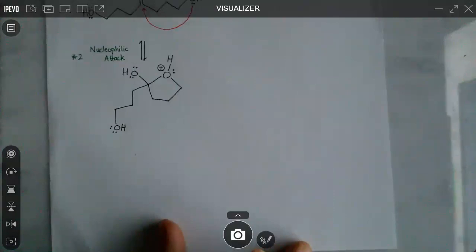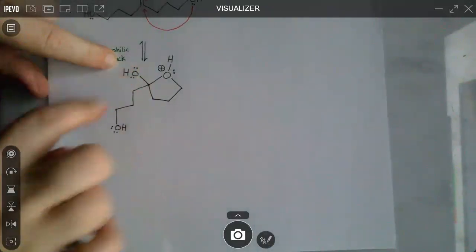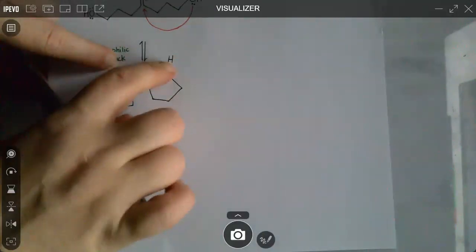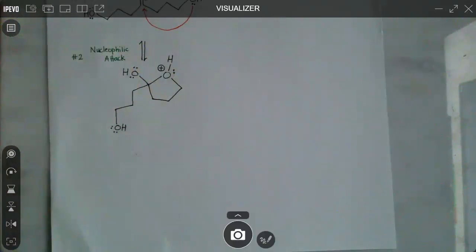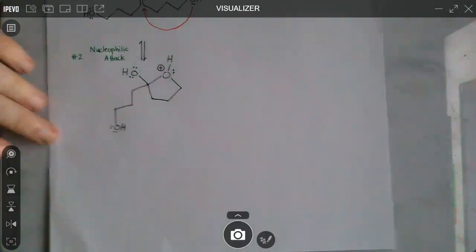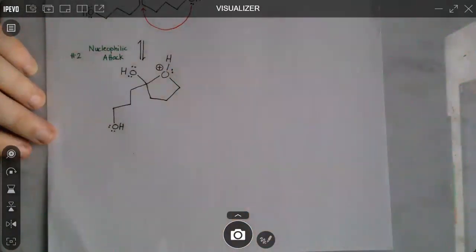Okay, so now we would like to lose this OH group as water, but before we can do that, we need to deprotonate this and then protonate this so it's a good leaving group. So we want to take something and deprotonate this. You could use anything in solution to do that, right?